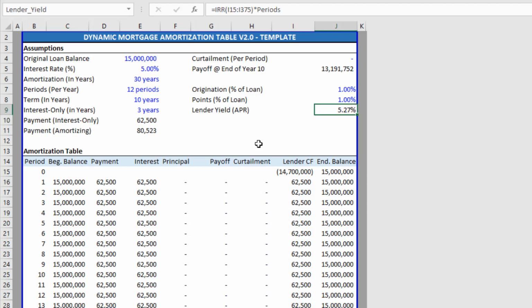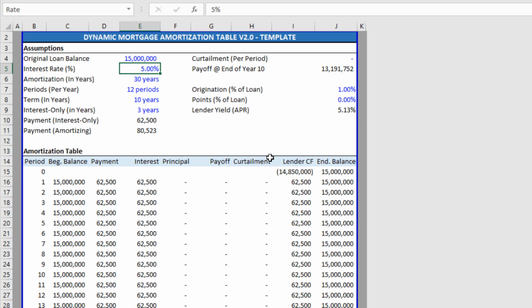Now you might ask, why didn't I use XIRR? Lender yield is calculated with IRR multiplied by the number of periods, and you can prove that out by setting your origination and points to 0, and the lender yield is equal to the interest rate. But again, we go here, 1%, and the lender earns slightly more than the interest rate or the coupon rate.